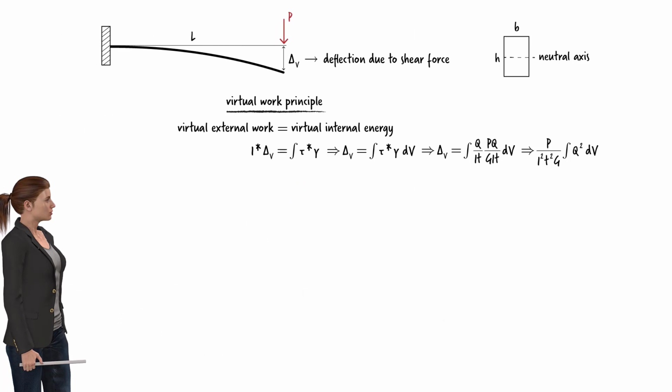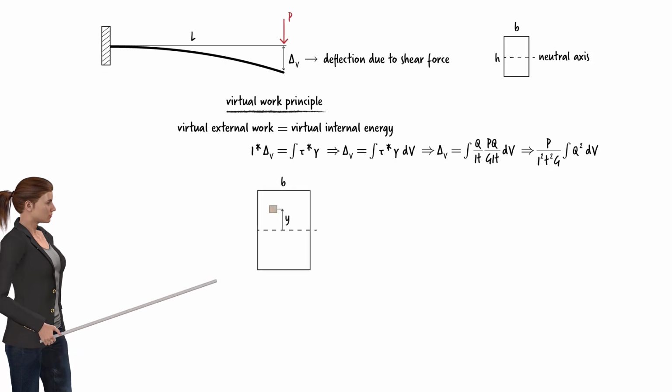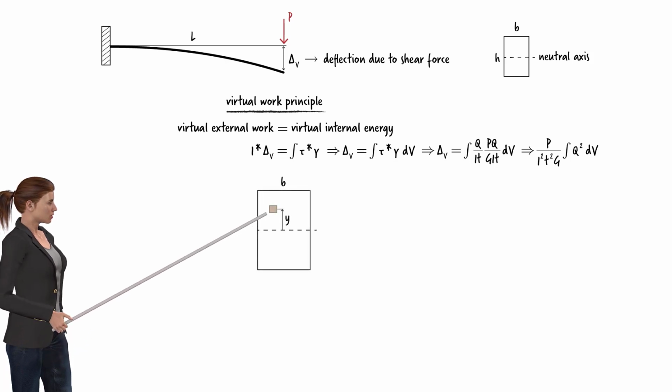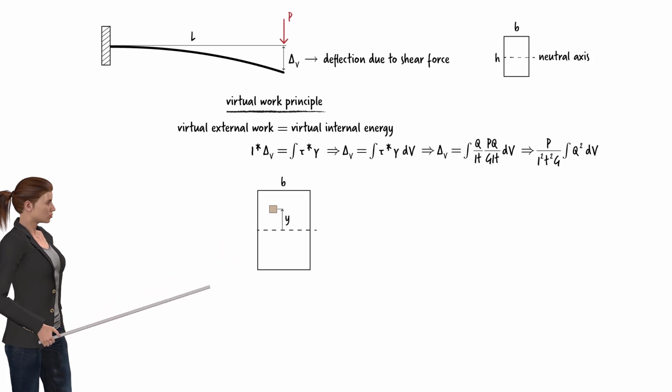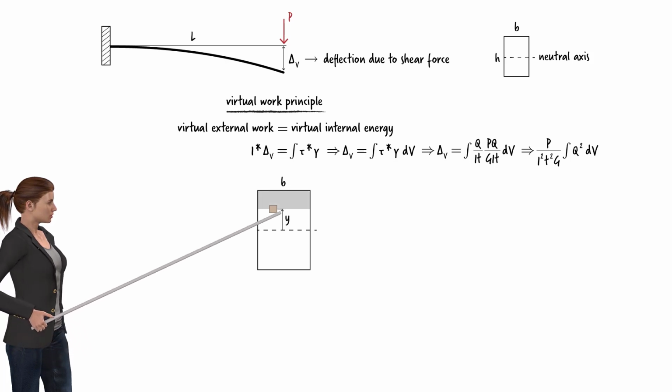To perform the integration of Q squared, we define an infinitesimal element on the cross-section of the beam. We position the element at an arbitrary distance from the beam's neutral axis. Let's refer to the distance from the element to the neutral axis as y. Q is the moment of this gray area about the neutral axis.